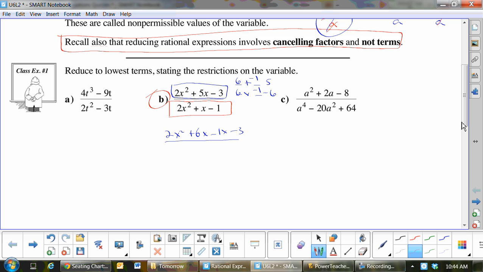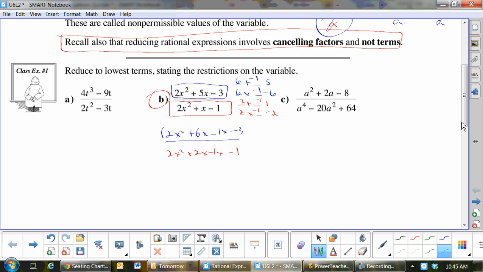Let's do the red. I need what two things add to give me 1, and multiply to give me -2. 2 and -1. So I got 2x squared plus 2x minus 1x minus 1.